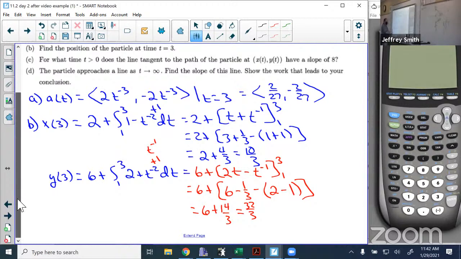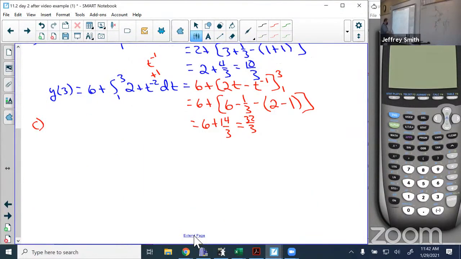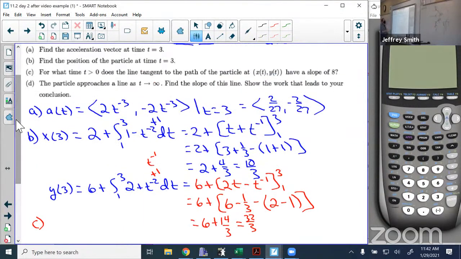All right, here we go. Letter C. For what time t greater than 0 does the line tangent to the path of the particle at x and y have a slope? All right, so now we're talking about derivative, but in terms of slope, dy over dx.